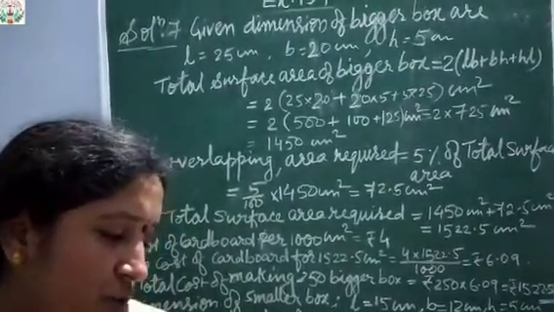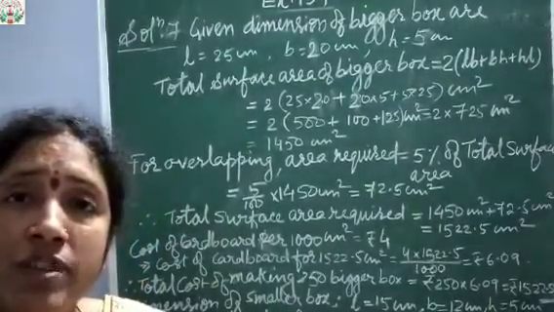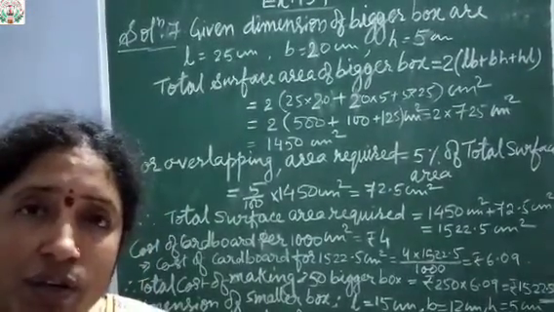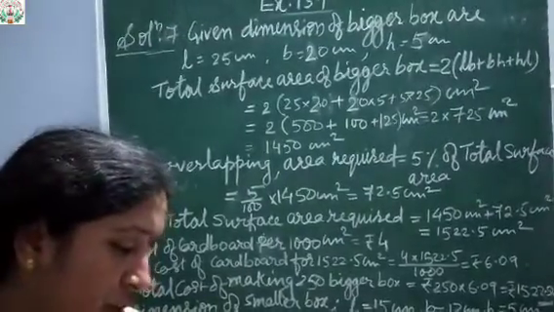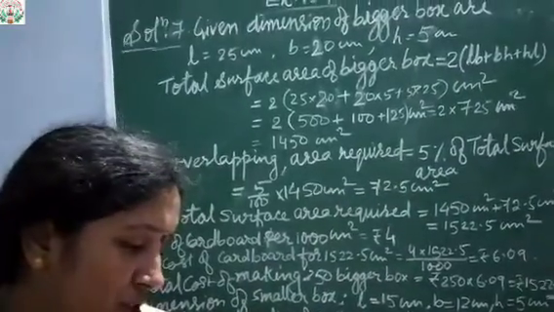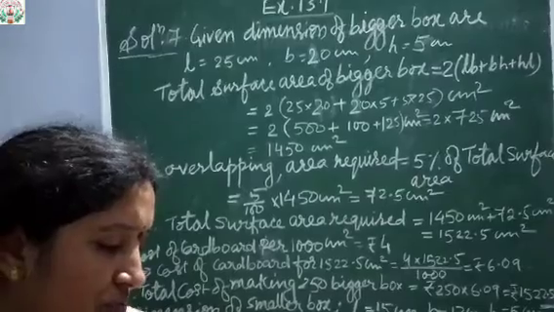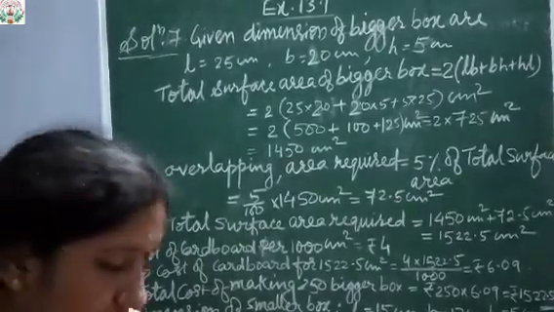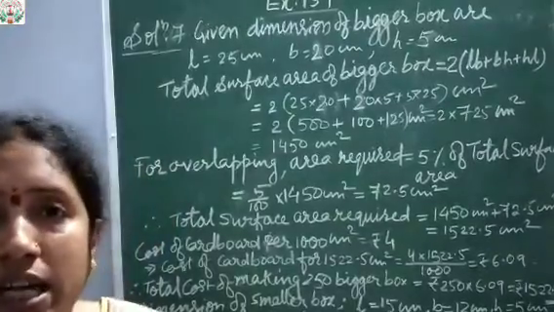If the cost of the cardboard is rupees 4 for 1000 cm square, what will be the cost for that many boxes? You have to find the cost of cardboard required for supplying 250 boxes of each kind.